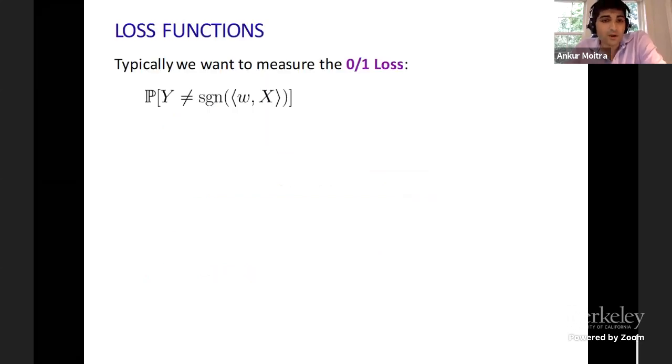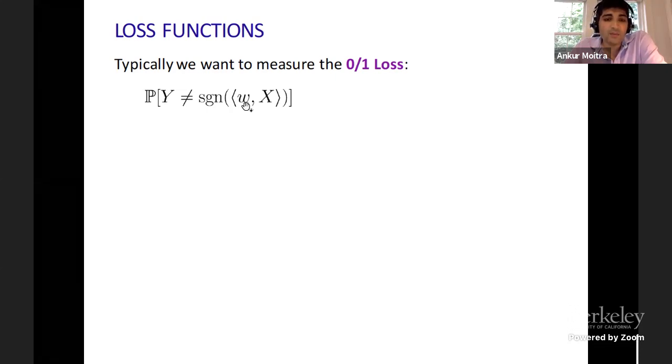So let's start from the basics, right? In PAC learning, our goal is to get low error in terms of something called the 0-1 loss. So we can think about outputting some hypothesis W, and just for simplicity, I'm going to assume that there's no offset B. You can do that without loss of generality in these setups.